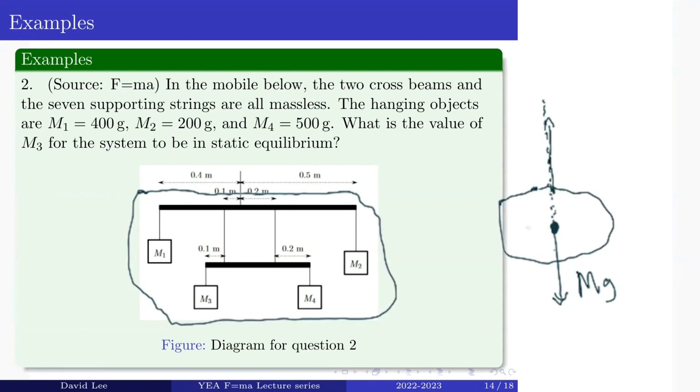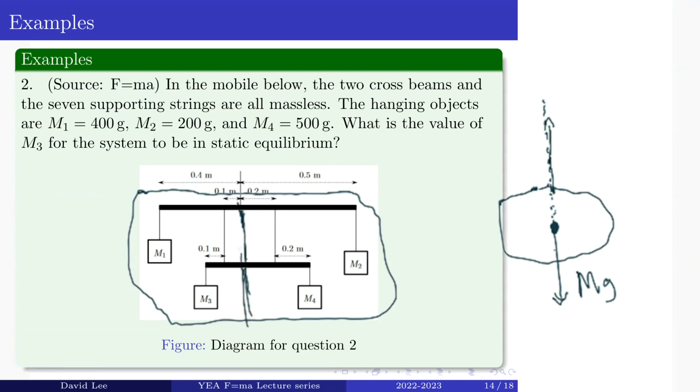So what does that mean for our problem? Well, that basically means that if we go over here, this line, our center of mass has to be on this line.